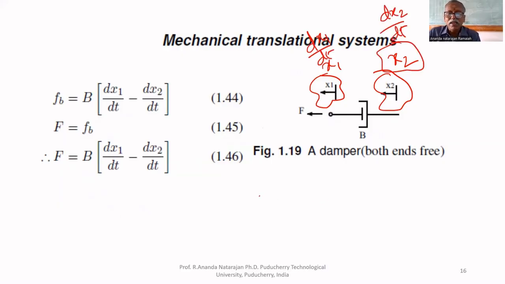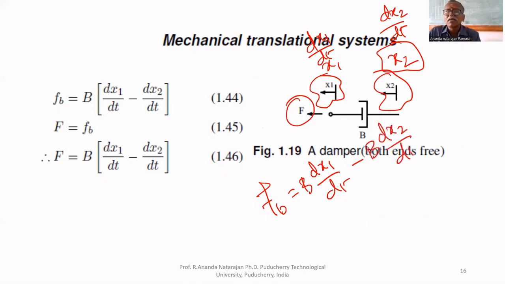Therefore, the reaction force FB, because of the applied force F, by Newton's third law, is B dx1 by dt minus, in the same direction, that's why minus, B dx2 by dt.